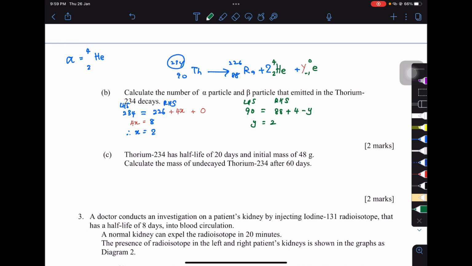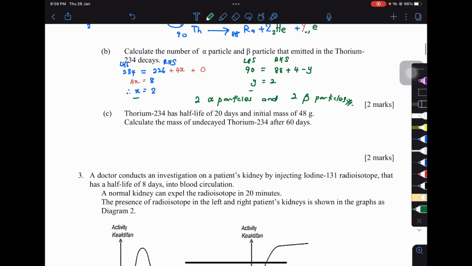The question asks you, you cannot leave your answer like this. So what's Y? What's X? You just write it out: 2 alpha particles and 2 beta particles. So that's the answer.